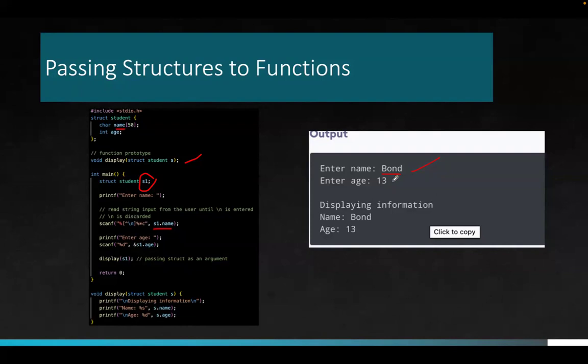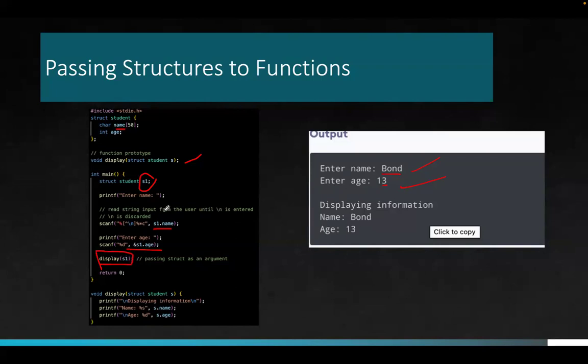After that, I will ask the user to give age. Age is 13. After the user enters 13, it should be stored in the age parameter. So S1 dot age, you have to use it, to scan the data. Now, display S1. What is meant by that? I am calling a function by passing a structure as an argument.